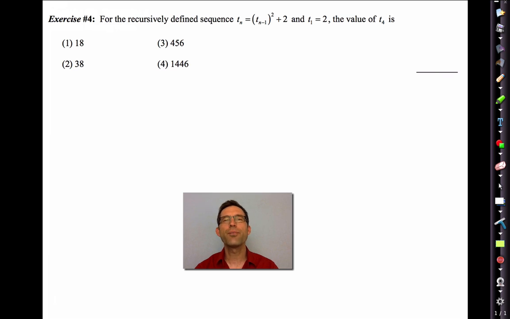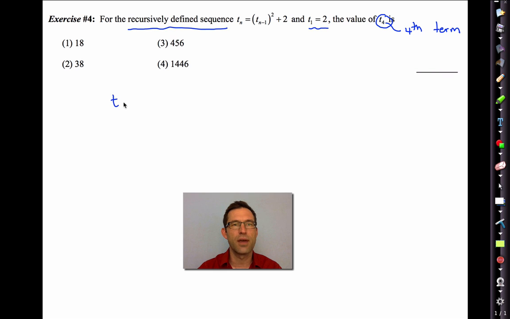All right. Well, in a situation like this, where we have a sequence defined recursively, and we have a starting value, and then we're asked for a term that's pretty low. We want the 4th term, right? Then we're just going to do it the old-fashioned way. We're just going to kind of crank through, get the 2nd term, the 3rd term, the 4th term.